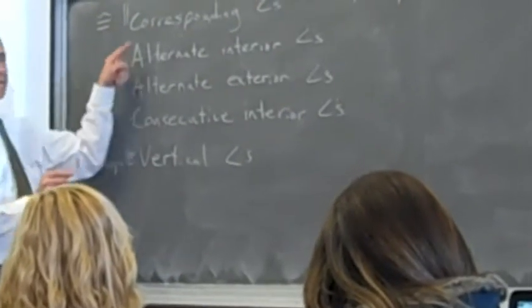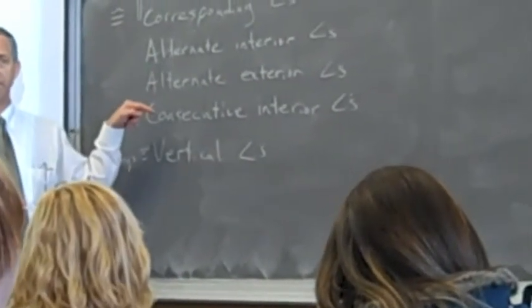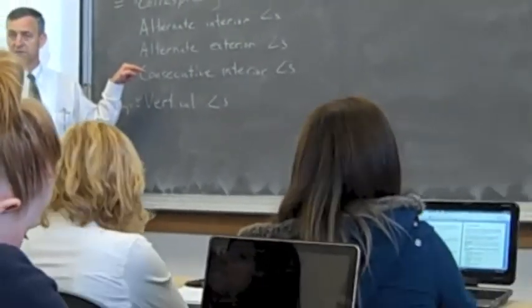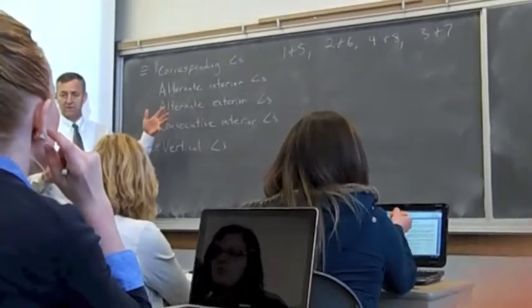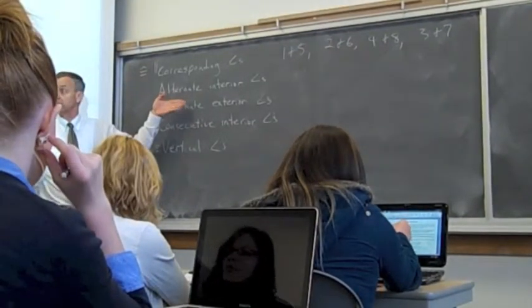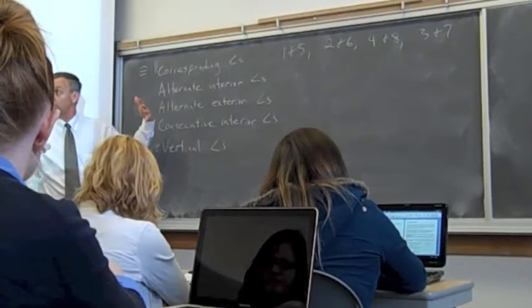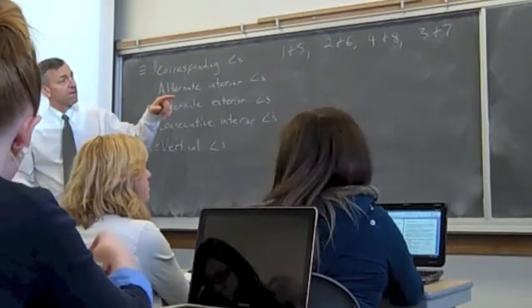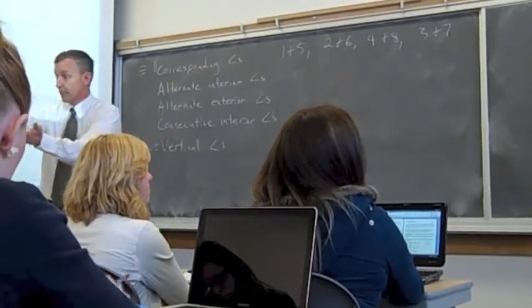How about any of these others? Look at your measurements. Find a pair of alternate interior. 3 and 6. Look at your 3 and 6.